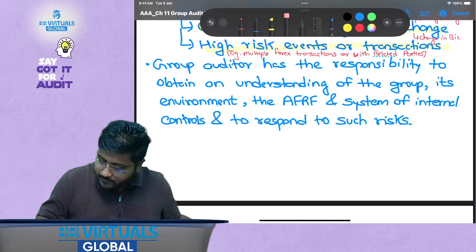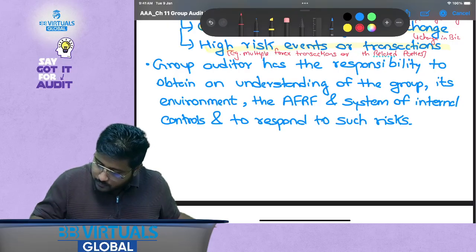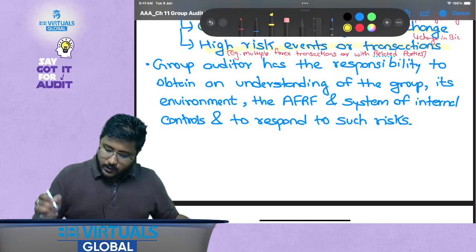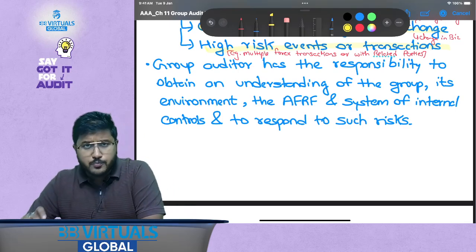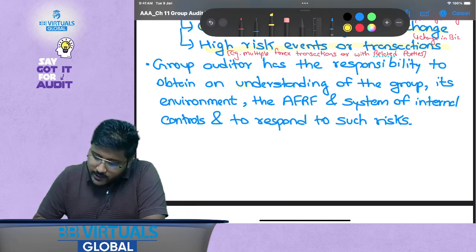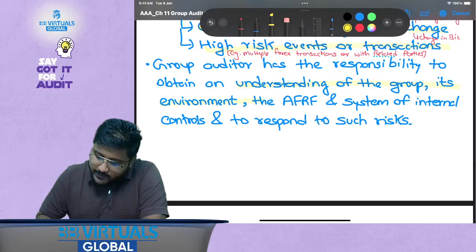I hope this is clear. Now, the group auditor has the responsibility to obtain an understanding of the group, its environment, the applicable financial reporting framework and the system of internal controls, and to respond to such risks.